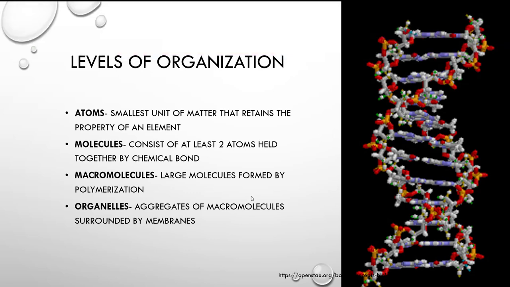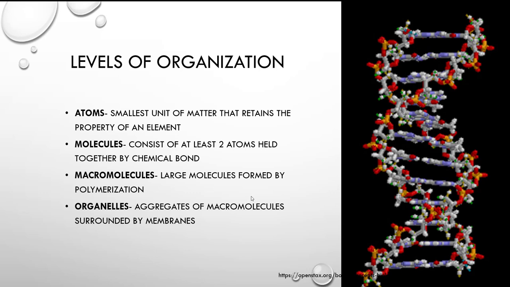So macromolecules are just a bunch of smaller molecules held together with bonds. They form large molecules. Macromolecules are made of a lot of smaller molecules. Molecules are made of atoms.